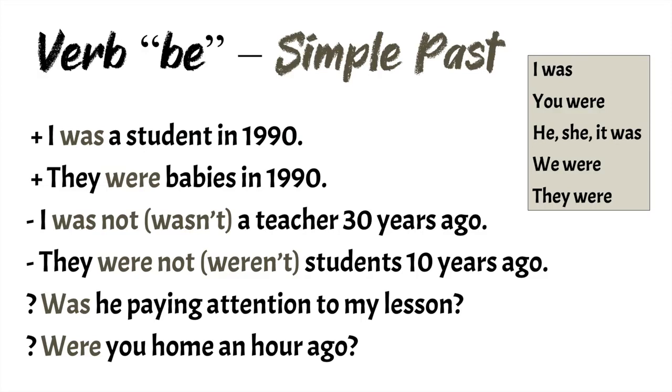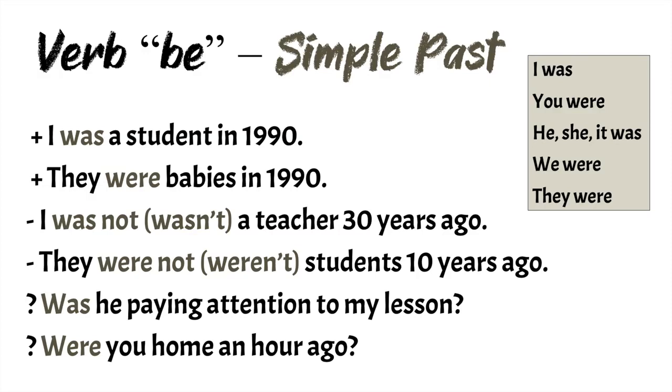What happens with a question? Well, we just write the verb to be first. So, was he paying attention to my lesson? Were you home an hour ago? And so there we have the simple past of the verb to be. Be careful, the verb to be is special.